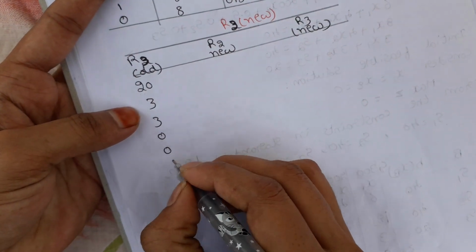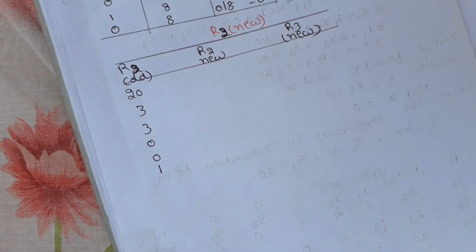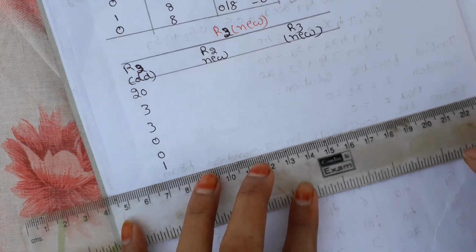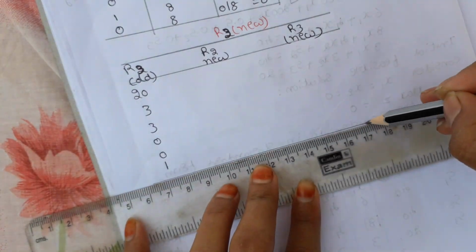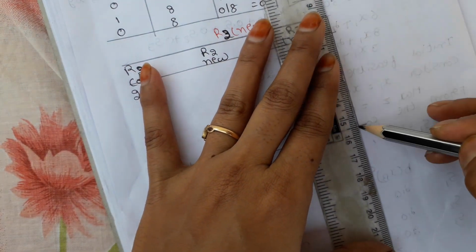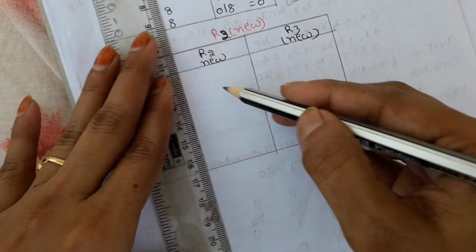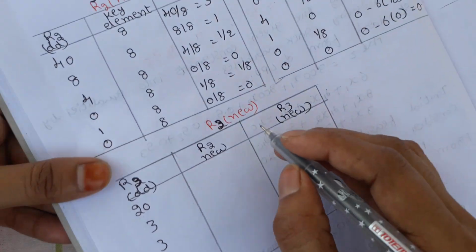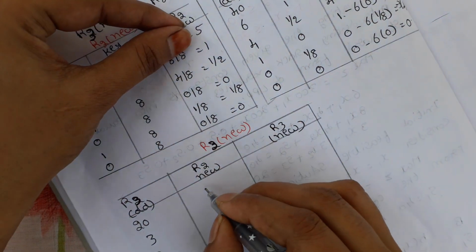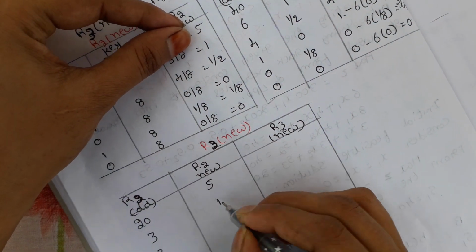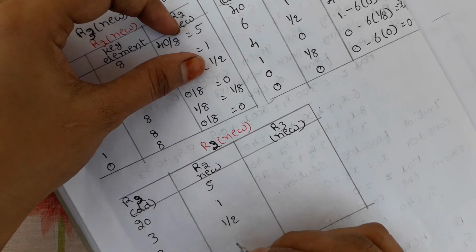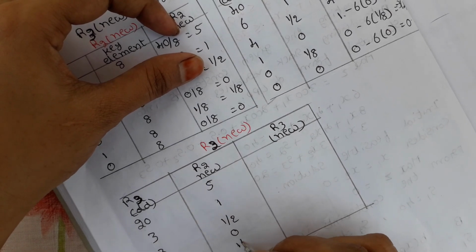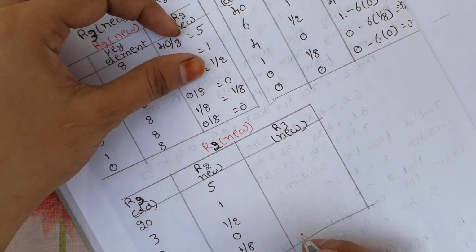Now R2 new is 5, 1, 1 by 2, 0, 1 by 8, 0.